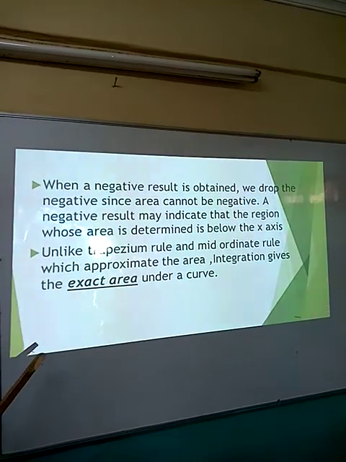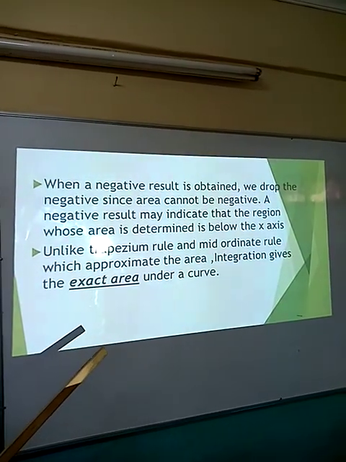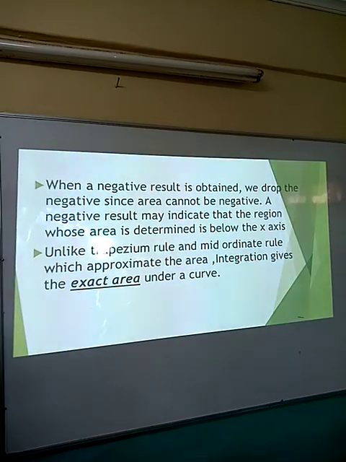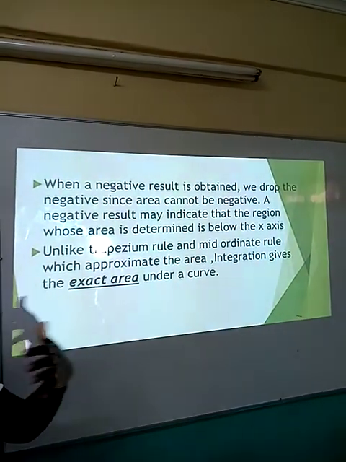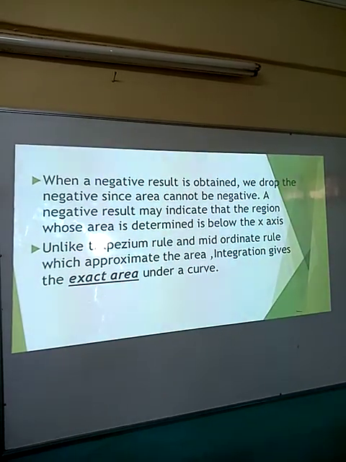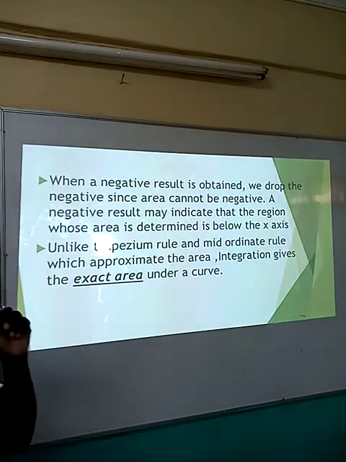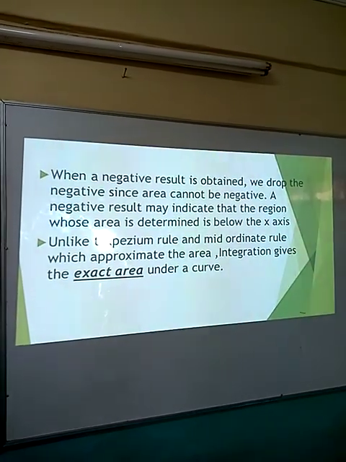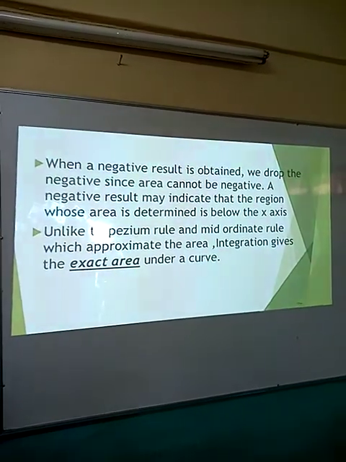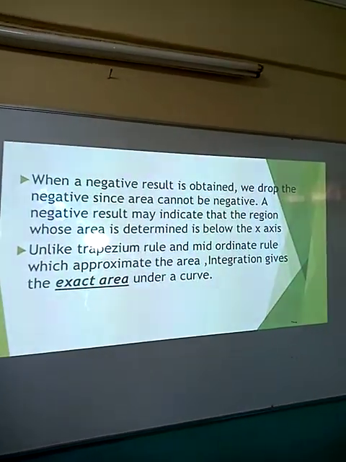We are noting here that unlike in the trapezium rule and midpoint rule, where the area we get is an approximation of the accurate area, integration is now used to determine the exact area. So area by integration is called exact area.